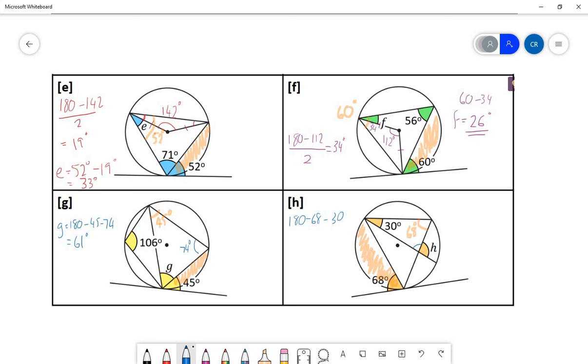You can do it if you want to, okay, just to show you that's the same as minus 68 plus 30, which is 98. Okay, and then we would be finding 180 minus all of that, so we get 98 for H. You can do the calculations to convince yourself if you want to. Okay, I think that's the hardest theorem, so well done.